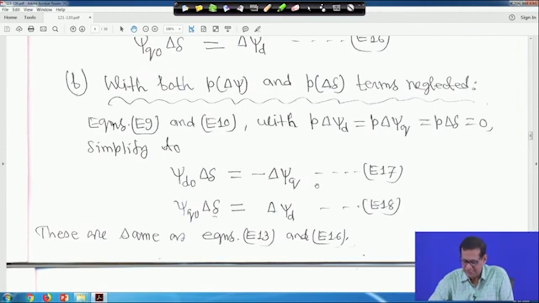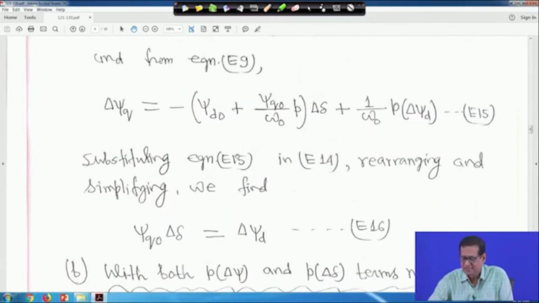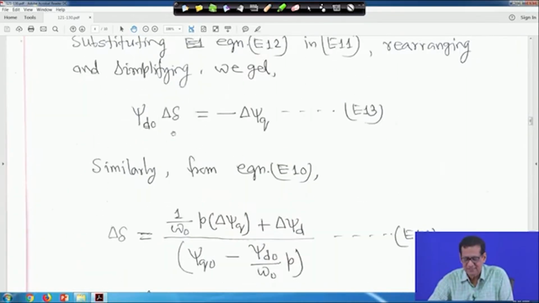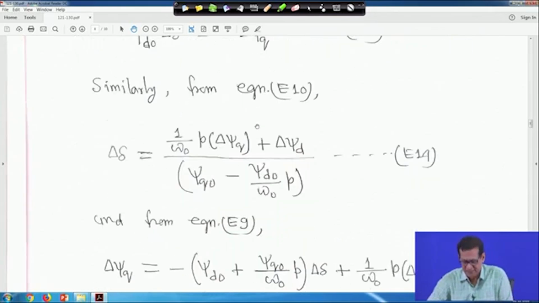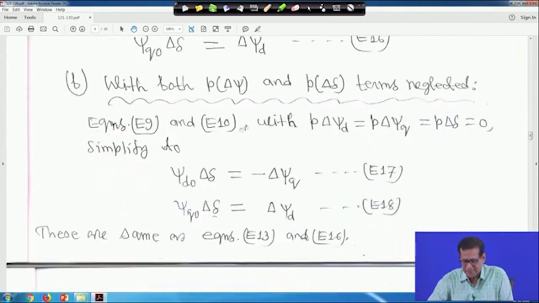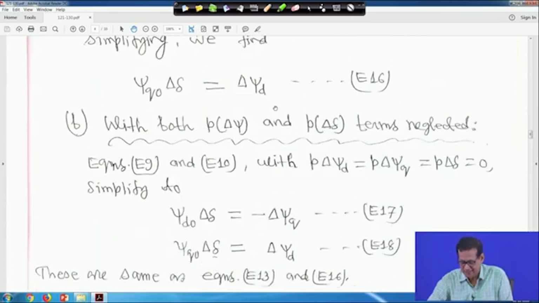If you go to E13 and check with E17, psi d0 delta delta equal to minus delta psi q, they are the same. Similarly, psi q0 delta delta equal to delta psi d, these two are the same, right. So, including these terms and neglecting these terms, they appear to be the same thing, right.